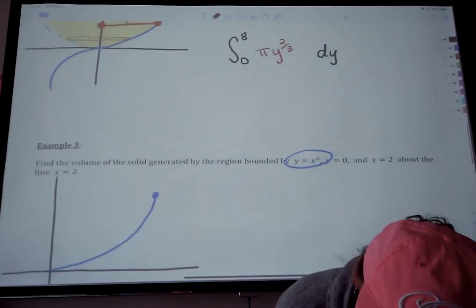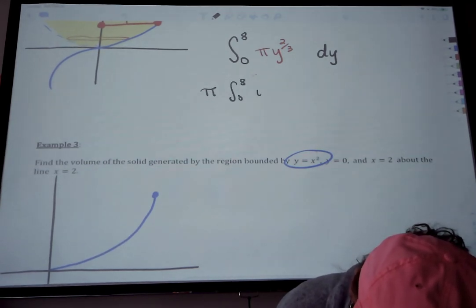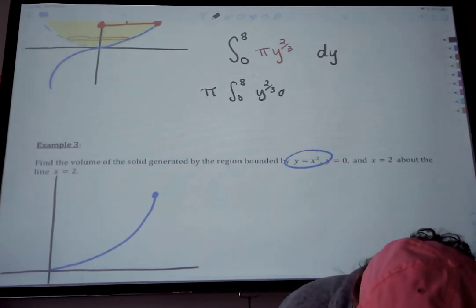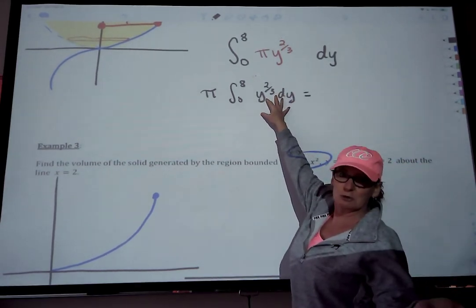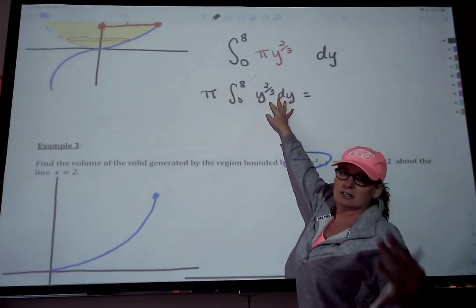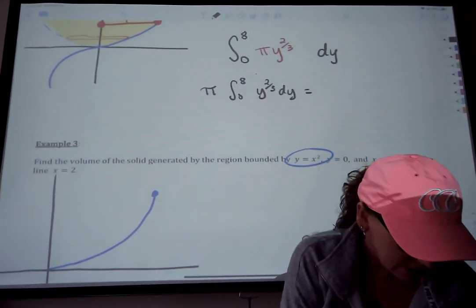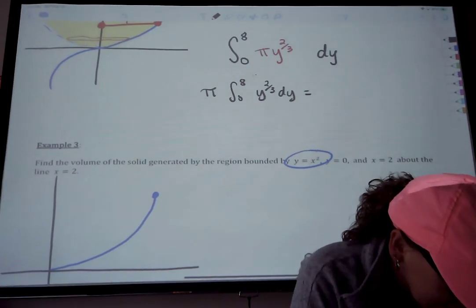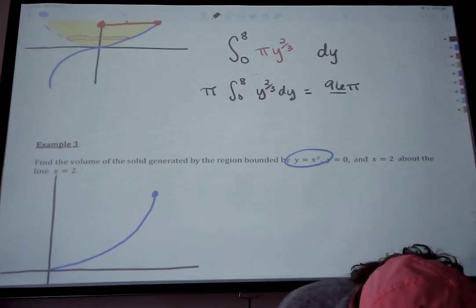You'll get a cleaner answer if you do that. Go from 0 to 8, y to the 2/3 dy. When you type this in your calculator, just pretend they're x's, and then don't forget to throw your pi back on the end. And I get a nice clean answer of 96 pi over 5.